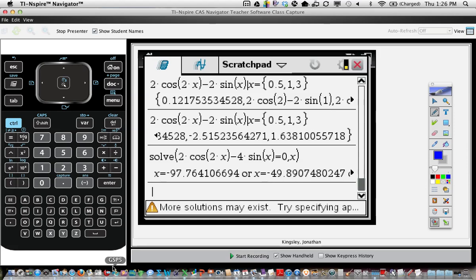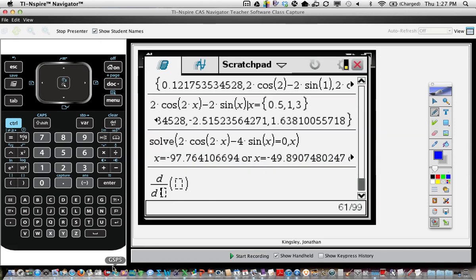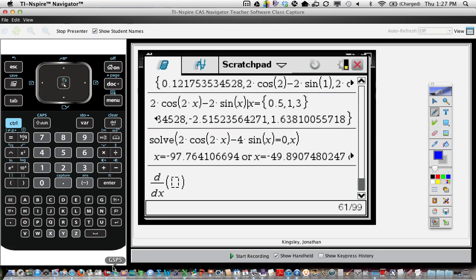So grab your derivative template. No, not grab. I'm sorry, that was wrong. Take by the 9. Okay, grab the derivative. Put in your x there. Get into that box. Now scroll up to where you had the derivative.